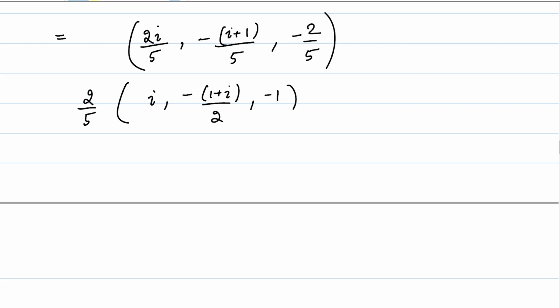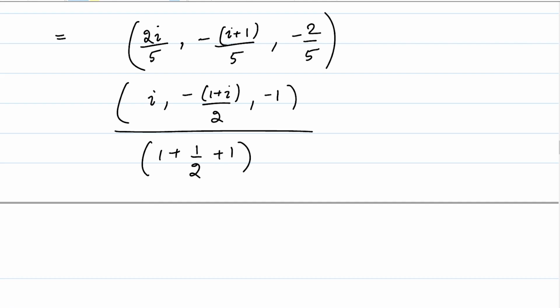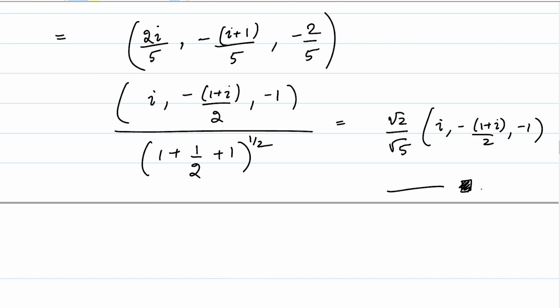And you orthonormalize it, so you can forget about this. Let's see, what is this? This is just going to be equal to the square root of 1 plus, this is half plus 1 by 4 plus 1 by 4 is half plus 1, which incidentally turns out to be root 2 by root 5 times i, minus of (1+i)/2, and minus 1. So this is the orthonormal basis of our given vector.